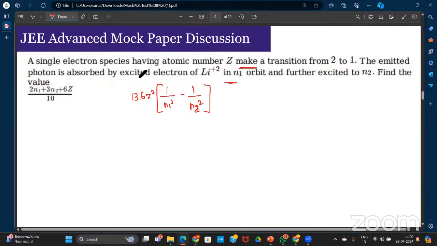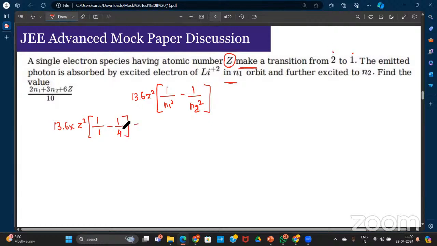A single electron species having atomic number Z makes a transition from 2 to 1. So 13.6 into Z squared, they have not given the atomic number, it is represented as Z. N1 is 1 and N2 is 2. So 1 by 1 minus 1 by 4.